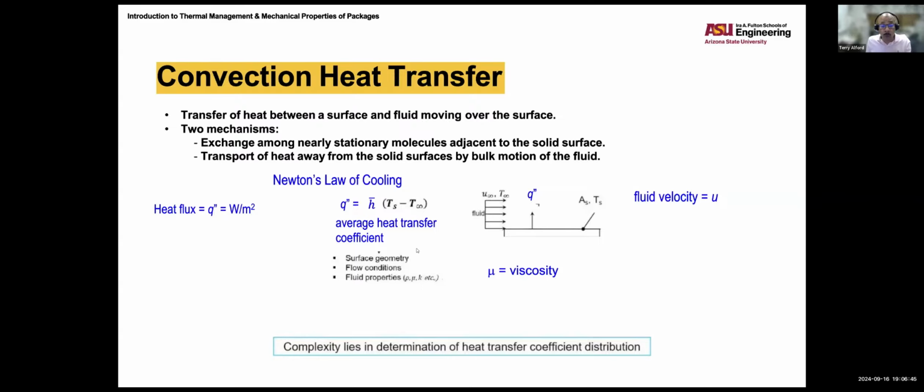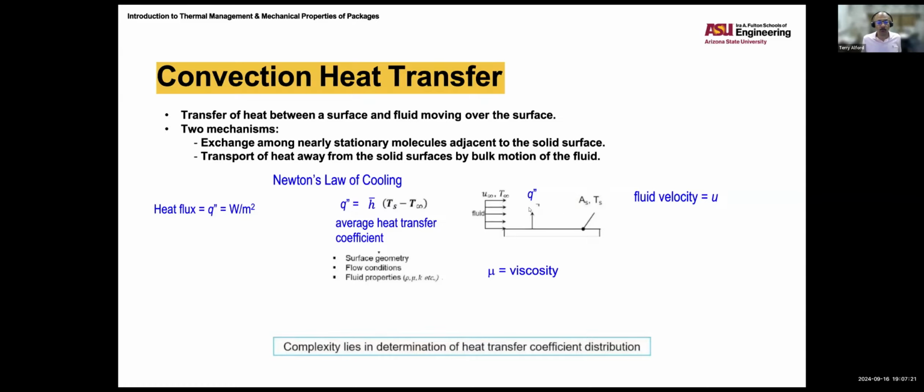In this example, we talk about the average heat transfer coefficient. It's not a trivial factor to determine. It's complicated, but in our cases, the example is going to be really simple, where we're going to have a flat surface and a fluid flowing very nicely over this surface.